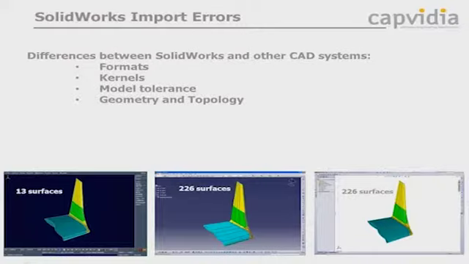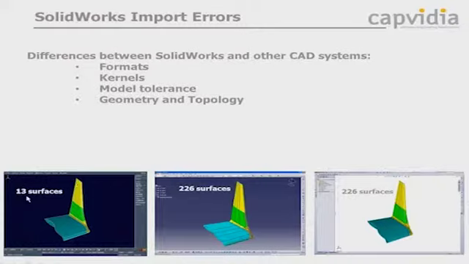But each one has its own geometry kernel, which means they all have their own mathematics, their own way of representing geometry and topology, and, to make matters worse, their own notions of model tolerances. So these all can play into the translation errors that SolidWorks experiences. And actually, it's true for all CAD systems. SolidWorks is not unique in this: data translation is difficult because of all these situations.